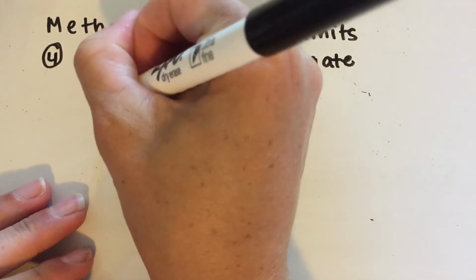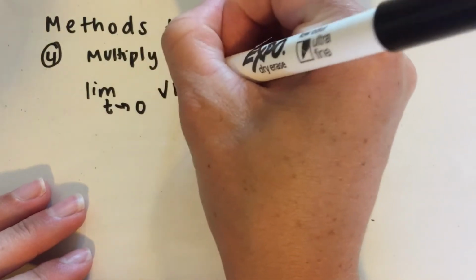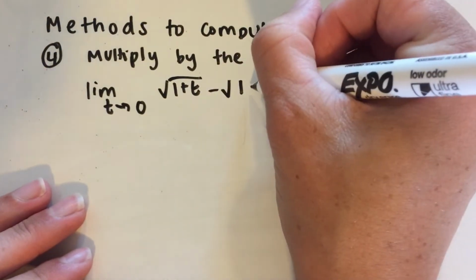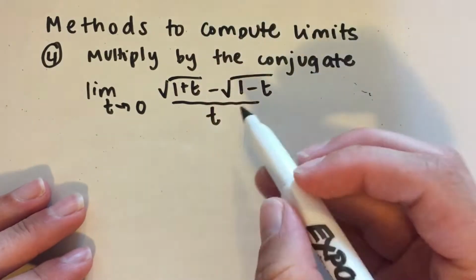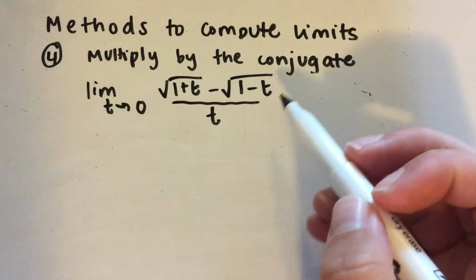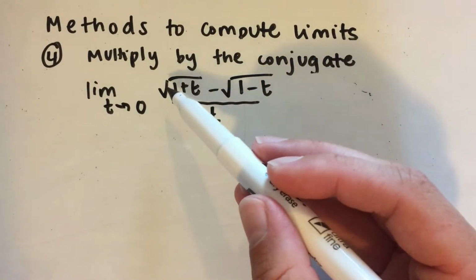So we have the limit as t goes to 0 of the square root of 1 plus t minus the square root of 1 minus t all over t. So whenever you see square root terms, it's a good idea to multiply by the conjugate, because then when we square the square root, this will cancel.